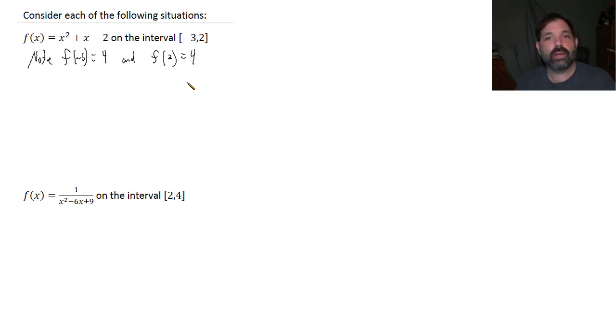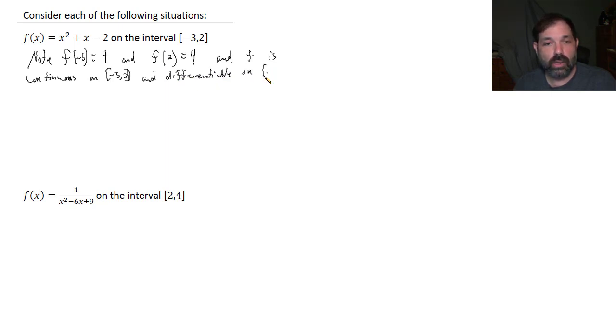So note that f of -3 is 4 and f of 2 is 4. And f is continuous on -3 to 2 and differentiable on the open interval -3 to 2.